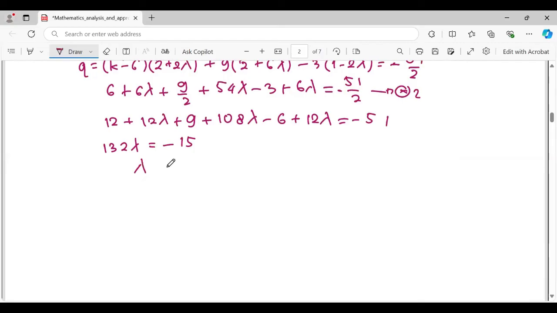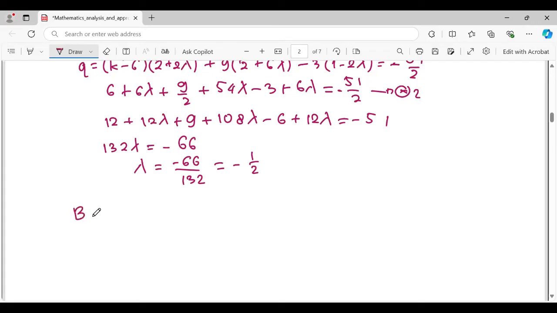So lambda equals minus 51 minus 15, it is minus 66 actually. So lambda equals minus 66 over 132, or minus half.